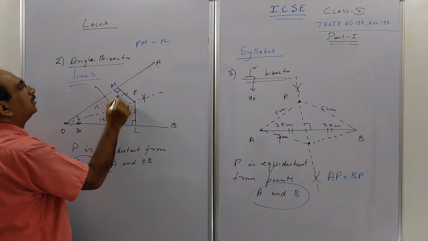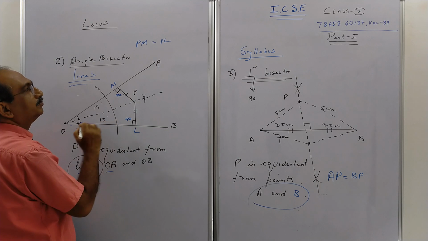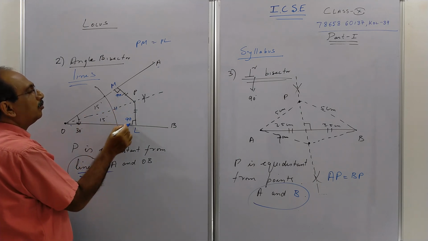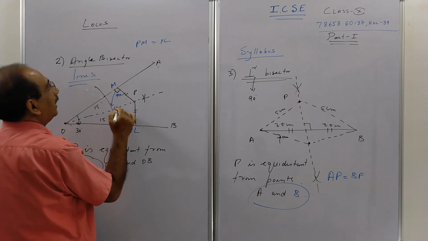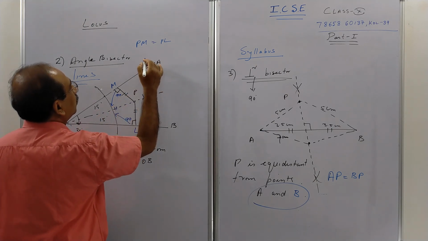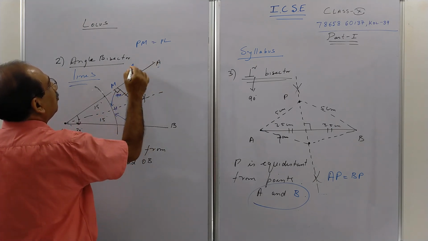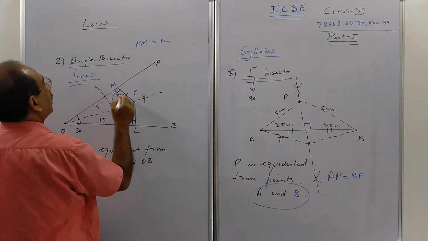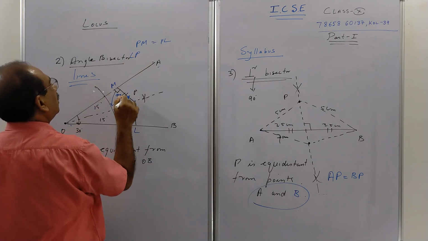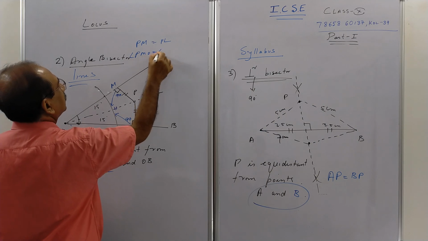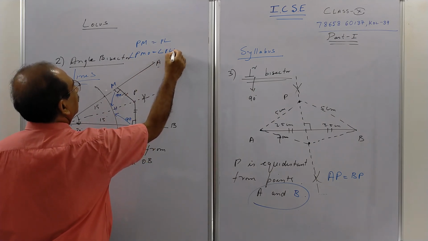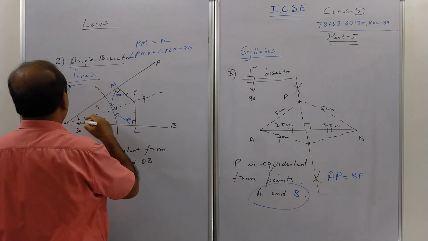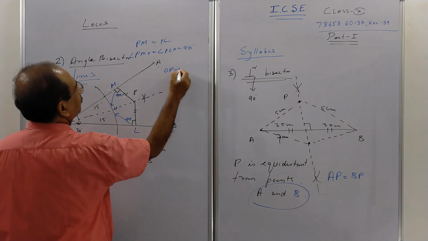Next, children, this is 90 degrees by construction, and the side opposite to 90 degrees is your hypotenuse. So this is the hypotenuse. So by the RHS rule, we have 90 degrees, you can write angle PMO and PLO are 90 degrees, and we have OP common.